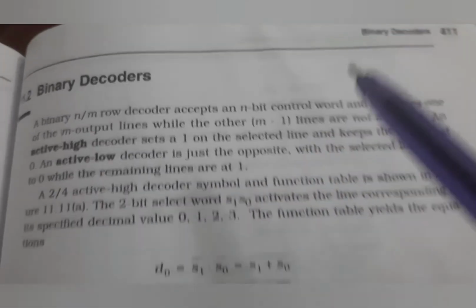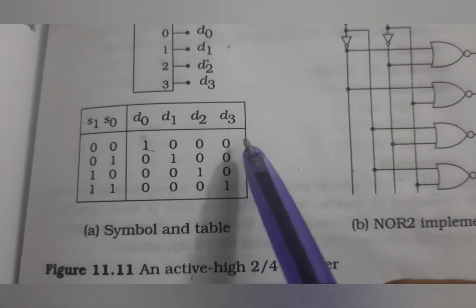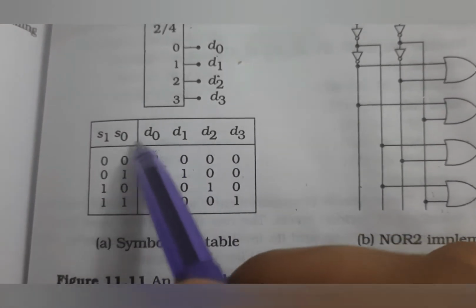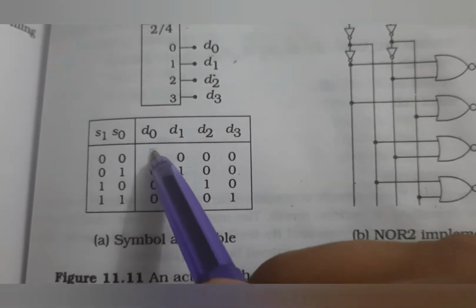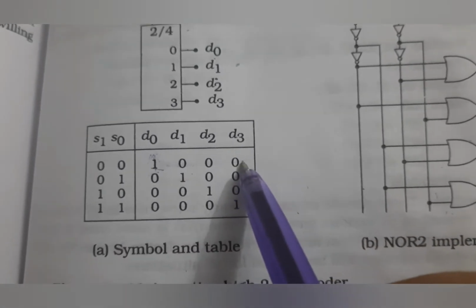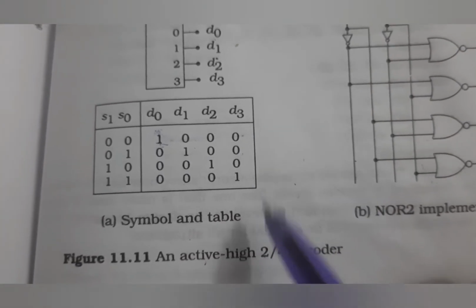So this is an active high 2 to 4 decoder, which sets the selected line. If you want to select D0, it sets D0 to 1 and all the remaining outputs are set to 0. This type of decoding is known as active high decoding.